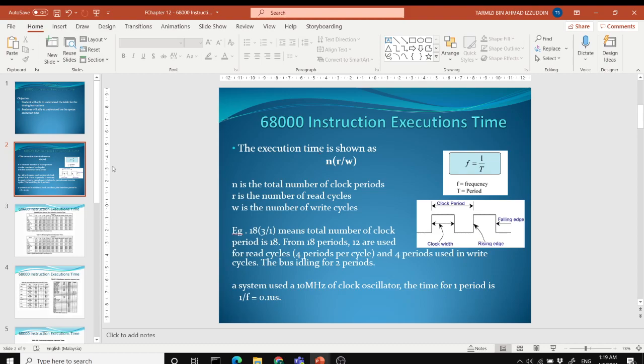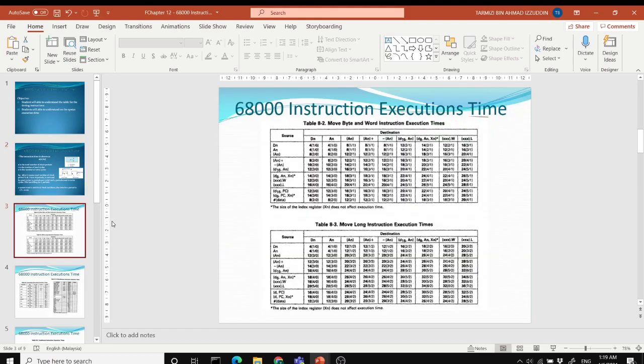Let's say that from your datasheet you want to look at a particular command. In your datasheet you will find the list of all the instruction execution times, and then you check a particular command, for example, move from the data register to an address register, this one.